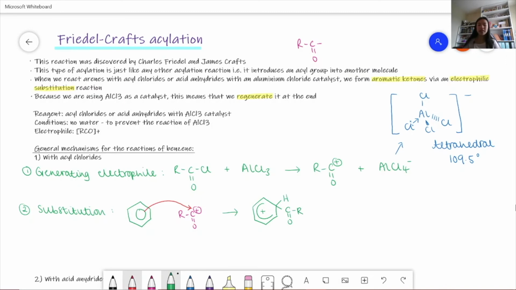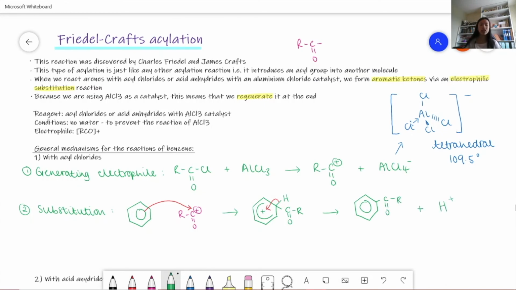And now what happens is that two of these electrons from this covalent bond then move towards the positive charge, so we lose the hydrogen. And so what we form is benzene, but now attached to this C double bond O R and also a H plus.